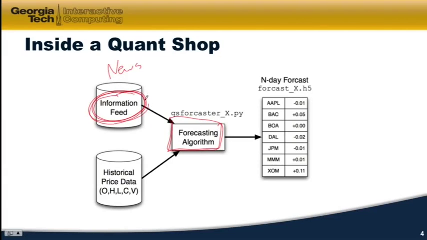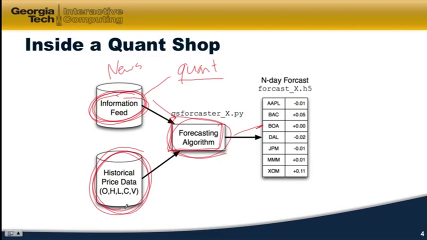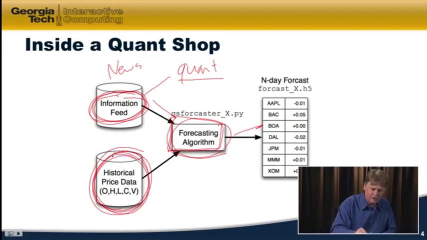But some sort of information, it's usually quantitative, meaning there's numbers, and we develop some sort of algorithm that based on these numbers makes a future forecast. And again, we like to have historical information so that, for instance, we can look at previous patterns in stocks, combine that with the information to make a forecast.